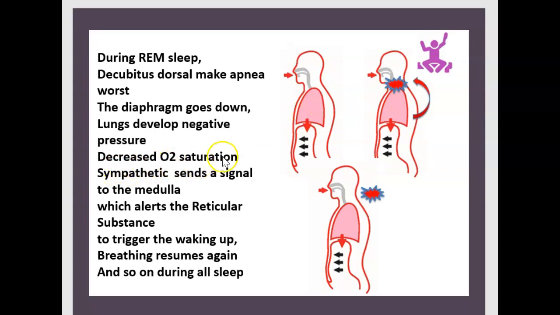That leads to decrease of oxygen saturation. And this decrease of oxygen saturation sends a stimulus by the sympathetic to the medulla, which alerts the reticular substance to trigger the wake up.